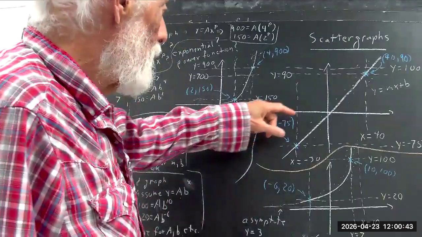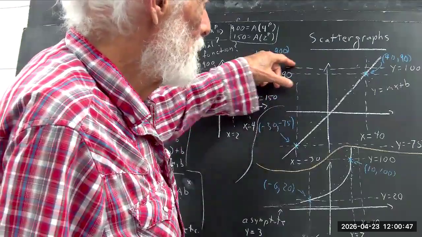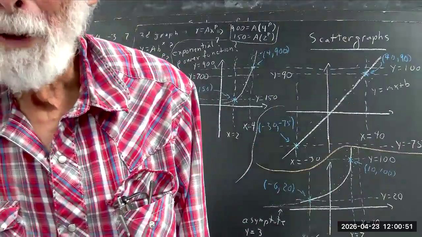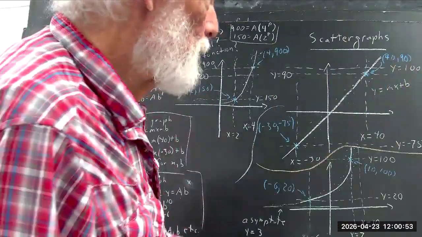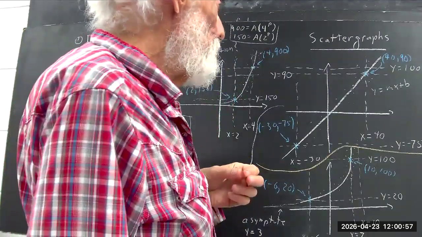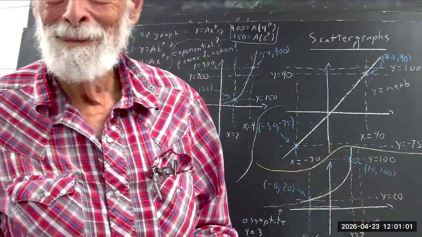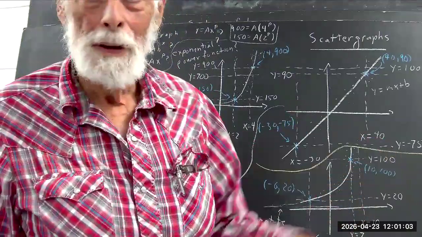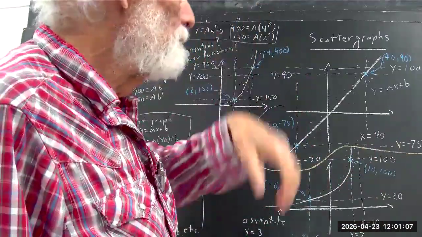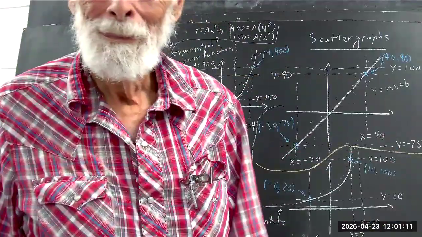And I drew a horizontal line up here and called it Y equals 100. Nice round number, the number I wanted to use. This probably is a good model for a bowling ball if you adjust the incline just to the right level and measure its position in meters and its time in seconds.